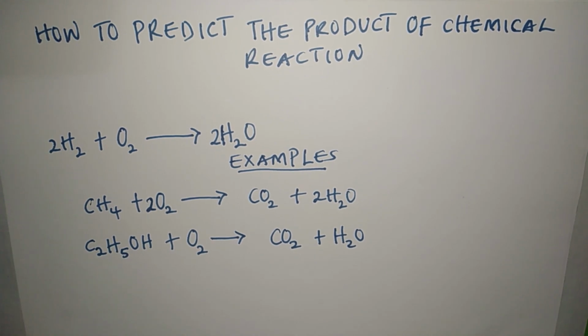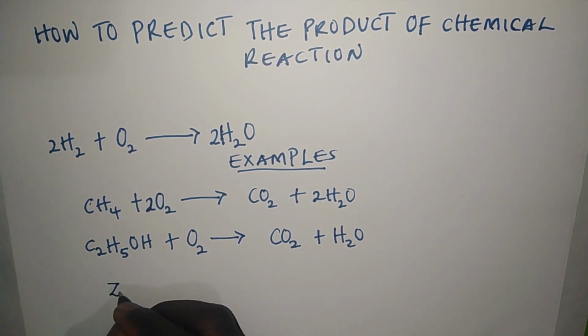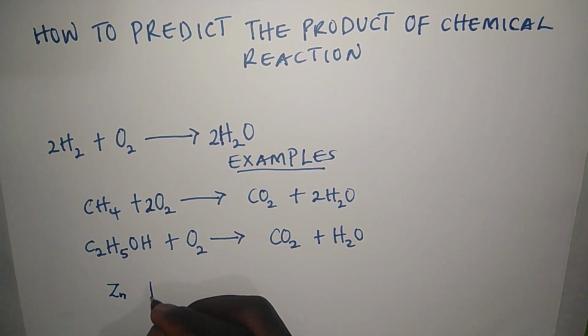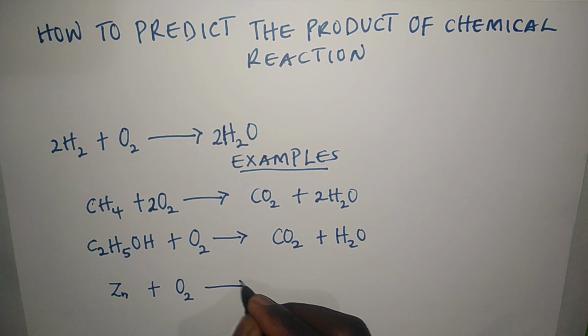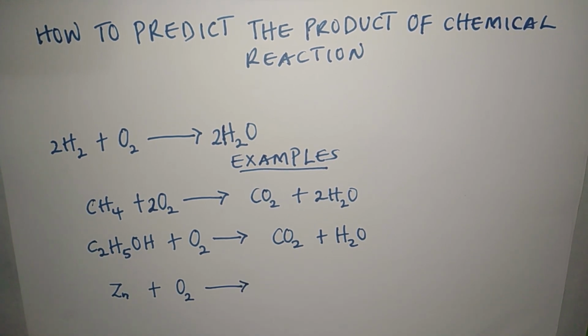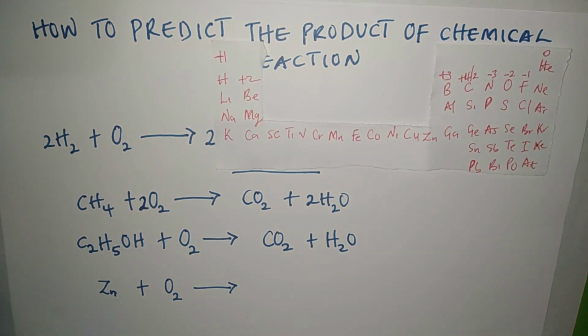Now, what about when we have zinc reacting with oxygen? What will be the product of this reaction? Now, first thing I want you to note here is that this is addition of elements. When you have this kind of chemical reaction, how do you predict the product?